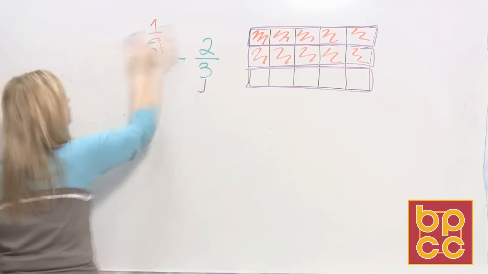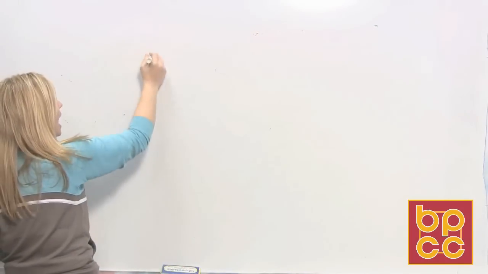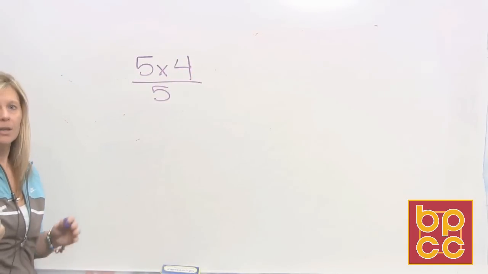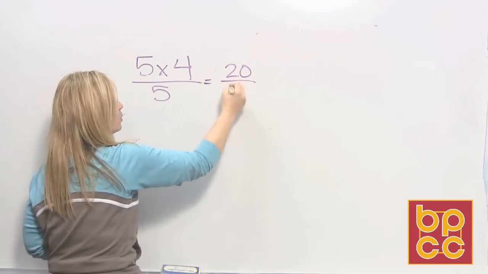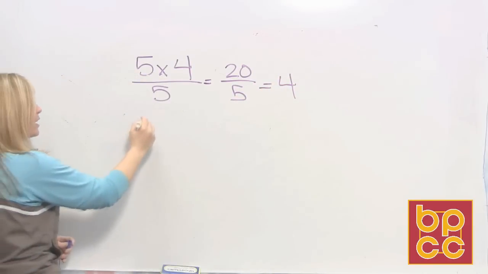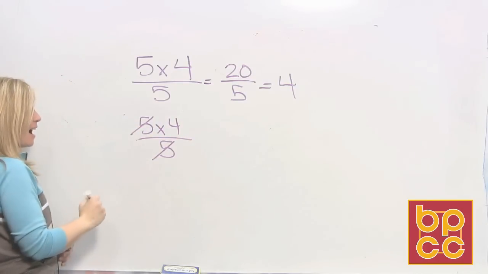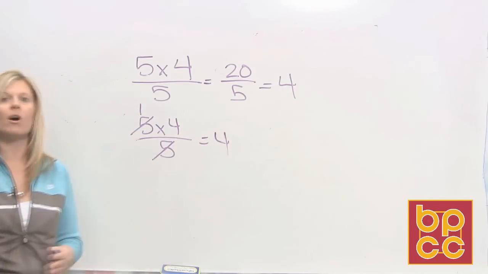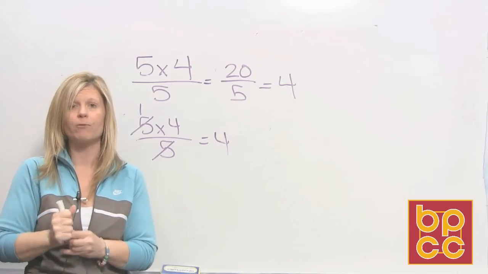If you recall, if I was a 5th grader and I asked you to work this expression, some of you would work it as 5 times 4, that's 20, and then you would divide by 5 and you would get 4. But that's not the only way to work that expression. We could do 5 divided by 5 and get 1, and 1 times 4 is still 4. So because multiplication and division are equal operations, it doesn't matter which one you perform first.